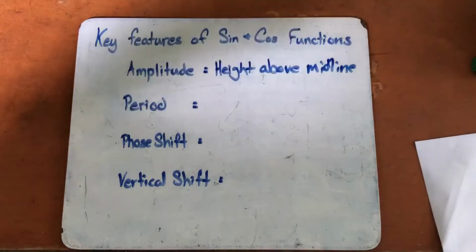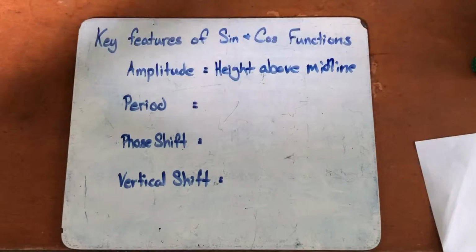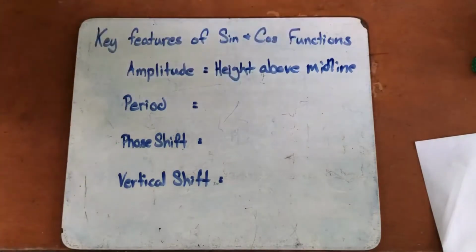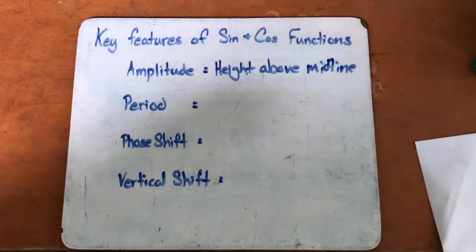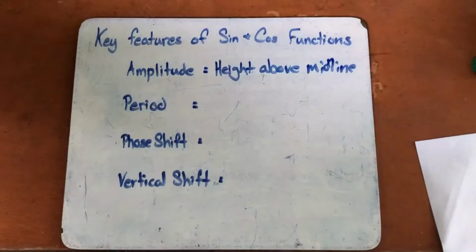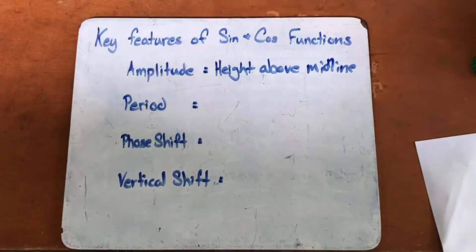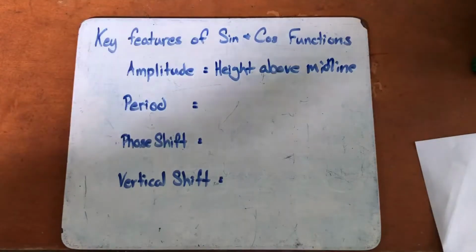If the midline has been shifted, then it is how high above or how low below the midline. It's also, if I count from the highest peak of my graph to the lowest peak, half of that. So if the top of the graph is at 4 and the bottom of the graph is at -4, that's an 8-unit swing, and so my amplitude would be 8 divided by 2. All right, but we'll get to that.